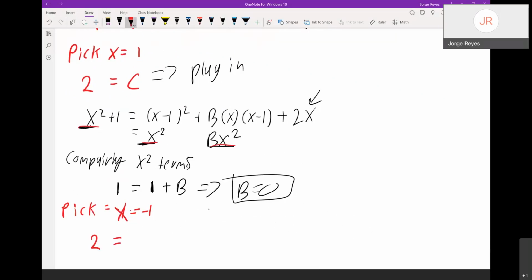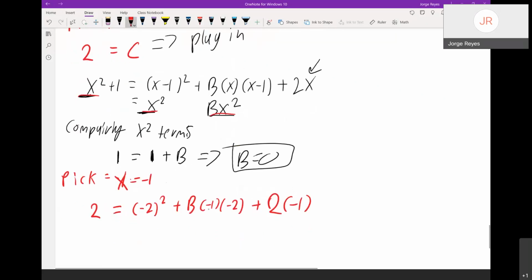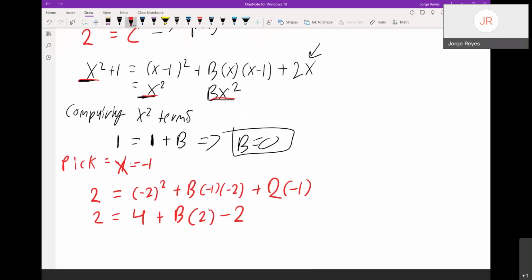I'm gonna get, right, negative 2 squared plus negative 1, negative 2 plus 2 times negative 1, right? So I have to do a little bit of work now, actually. Okay, it doesn't just super cancel. So I'm gonna add the 4, add 2 over, I mean, excuse me. Right, but we see we get the same answer, right? 2B equals 0, so B equals 0.